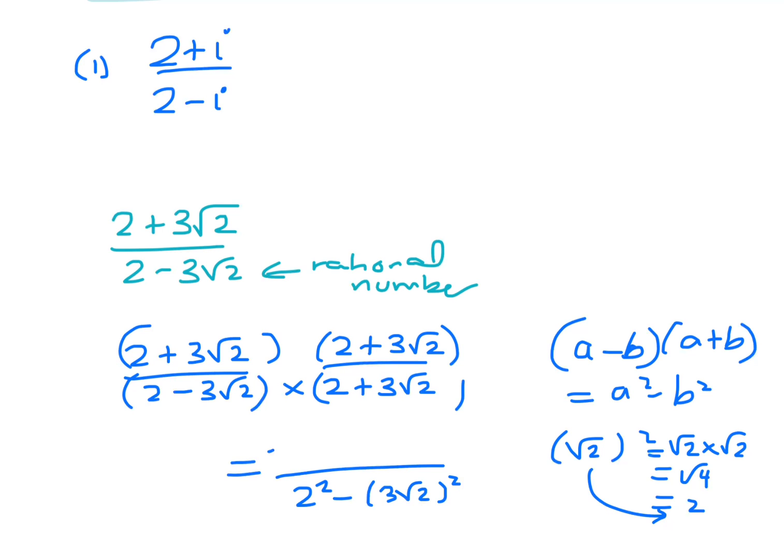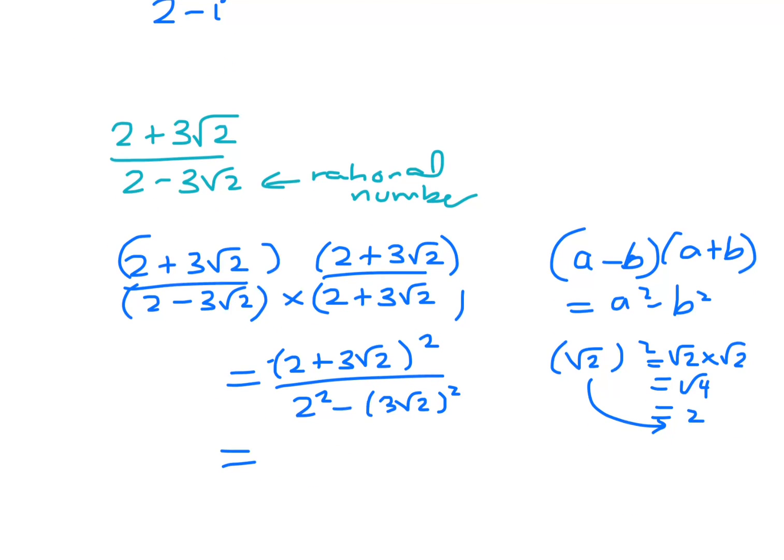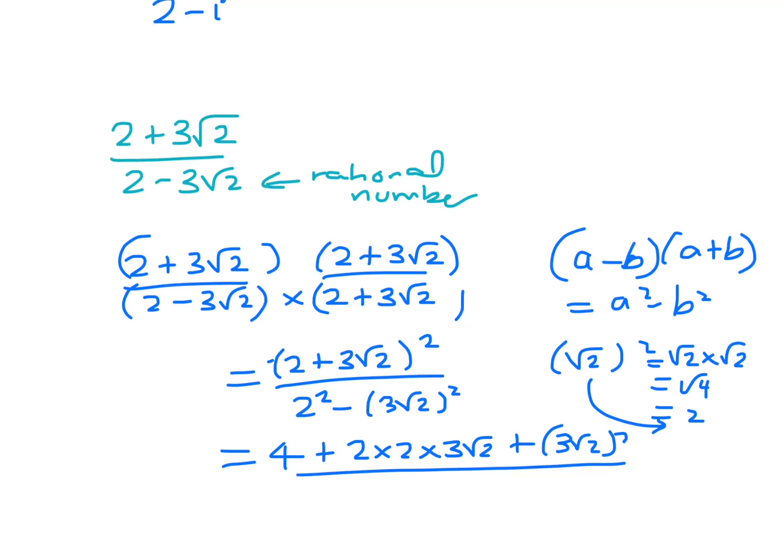Now on the top, that's basically a perfect square because there's two of the same things. So it's 2 plus 3 root 2, all squared. The quick way would be to square the first, plus 2 times 3 root 2, plus 3 root 2 squared. Because they're the same sign in the middle, it won't cancel the middle terms out, unlike the bottom one, where it will, because you've got a minus 6 root 2 and a plus 6 root 2.